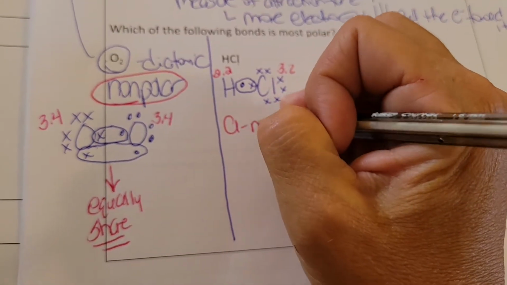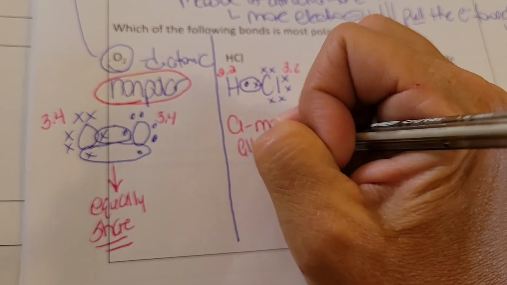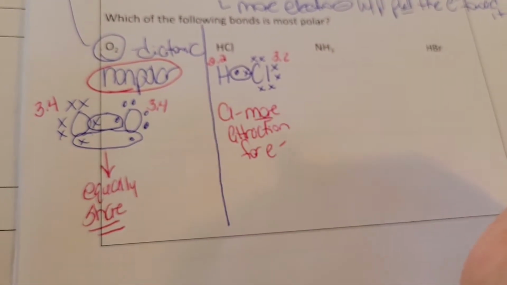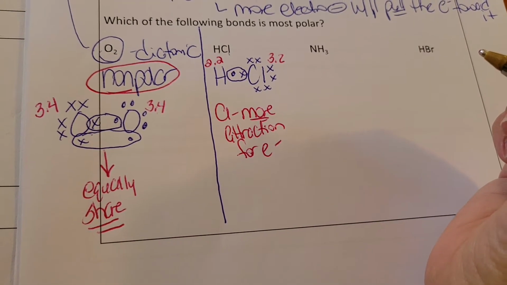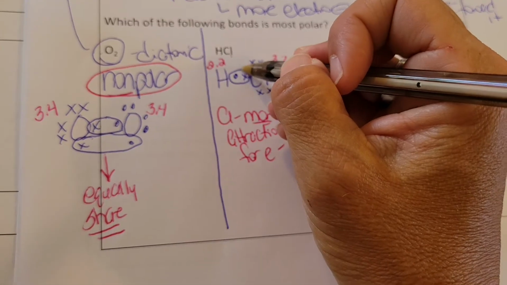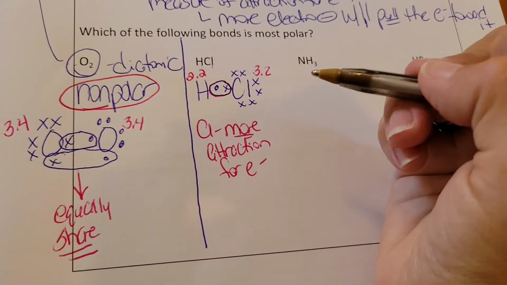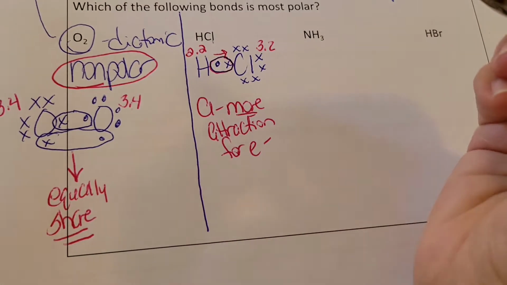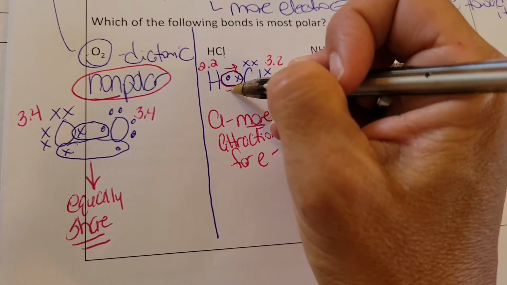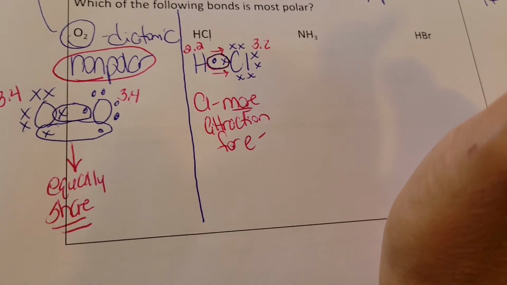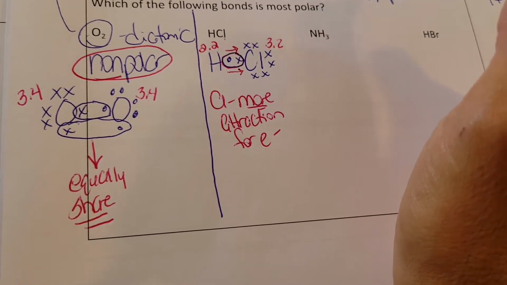So chlorine has more attraction for the electrons. So what's going to happen is that these electrons are not being shared equally. The chlorine's like, nah, I'm a little bit sexier, so I'm gonna take these and give you a little tiny bit of that charge, but I'm really gonna be stealing them.